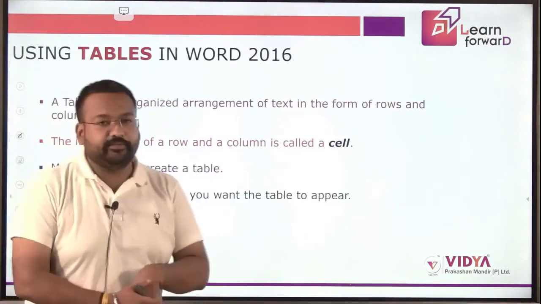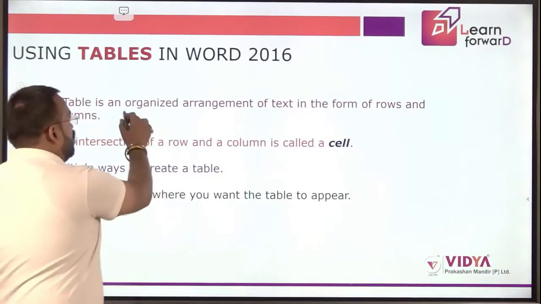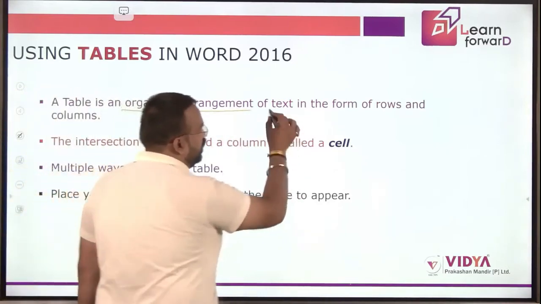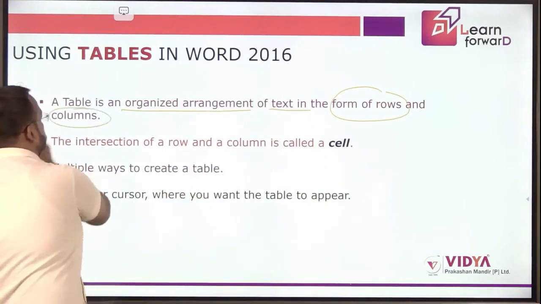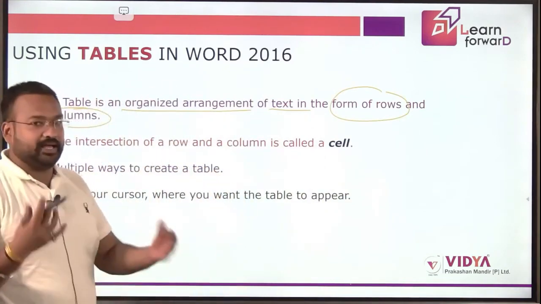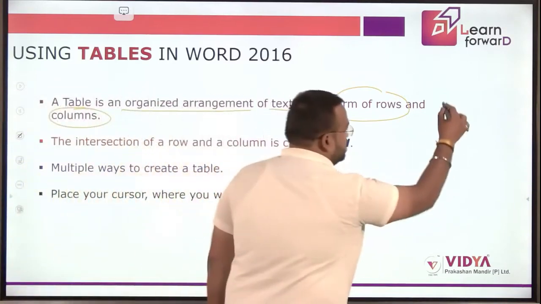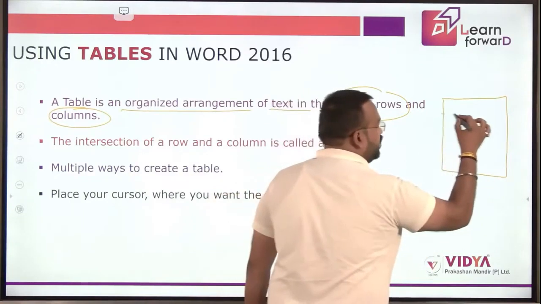So basically when we talk about tables, a table is an organized arrangement of text in the form of rows and columns. It is simple, you can imagine something like a tabular form, like this over here.